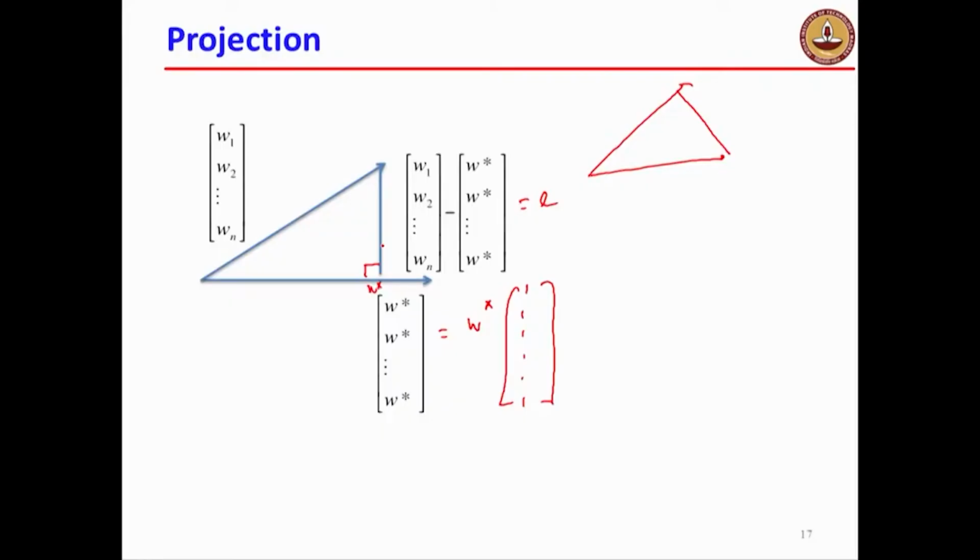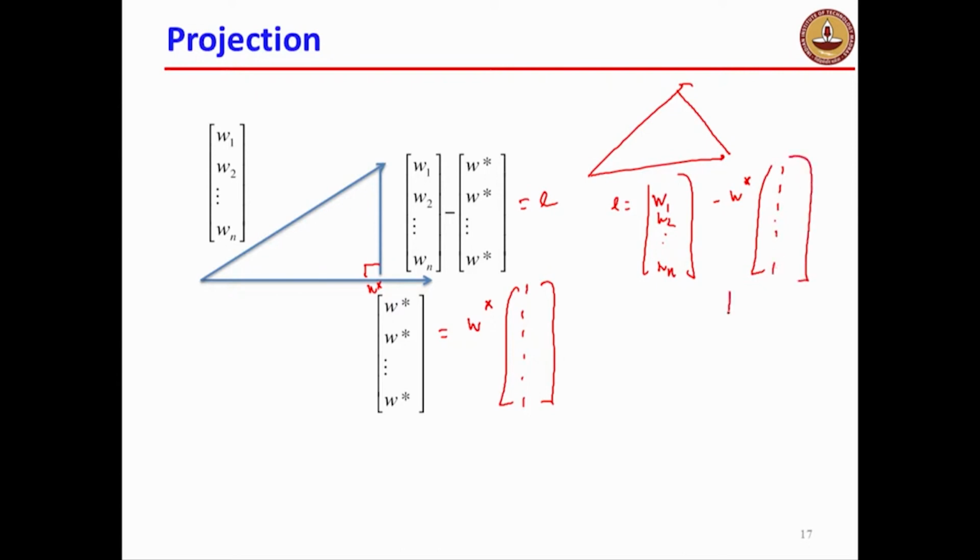I want to find this W star such that it is as close as possible to this point over here. And we know that will happen when this so-called error vector is perpendicular to W star times 1. So E is equal to W1, W2, Wn minus W star times 1, 1, 1, dot, dot, dot, 1.